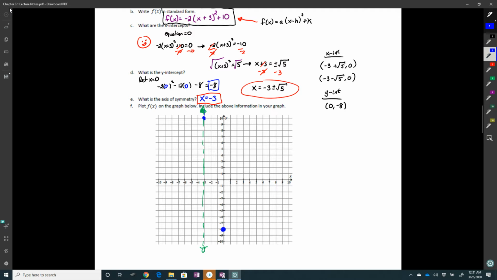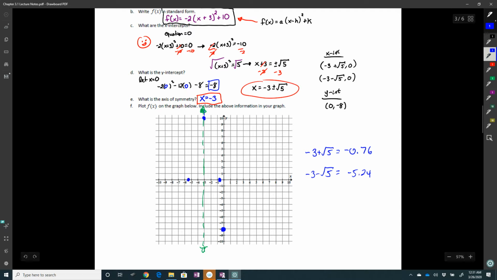I can go to my calculator to guess what that is. So I type it in my calculator. And -3 plus square root of 5 is about -0.76. And -3 minus square root of 5 is -5.24. So that's about right there.